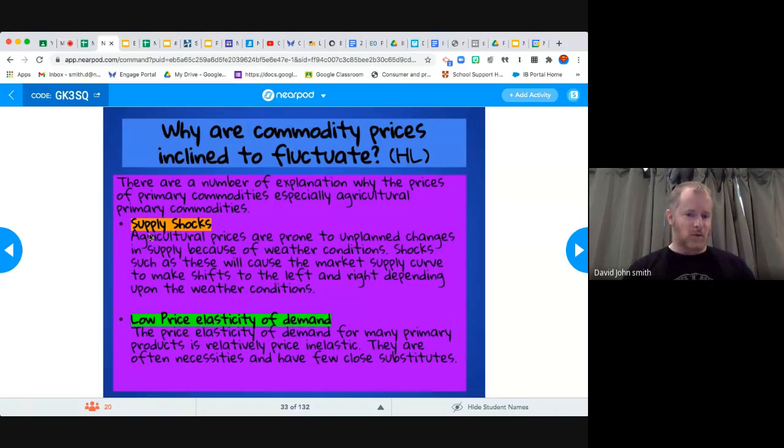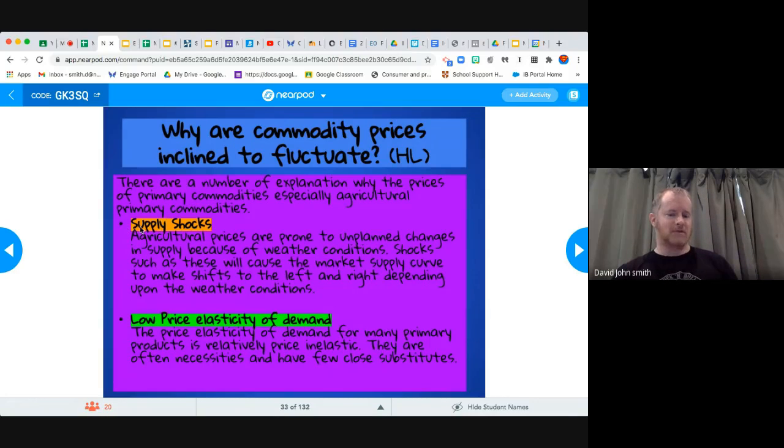The other reason is the idea of supply. They're affected by the weather, by international situations like trading rules, by crises that occur, by war and earthquakes, and obviously the weather.